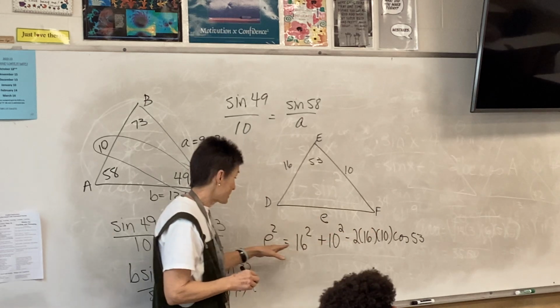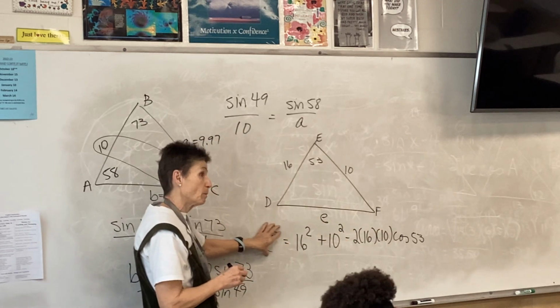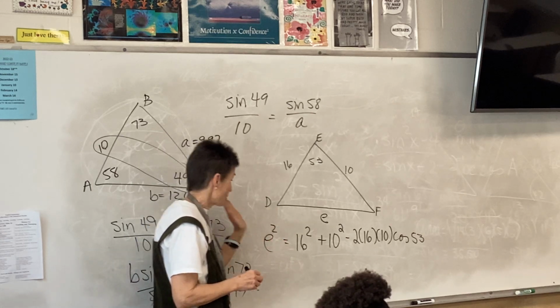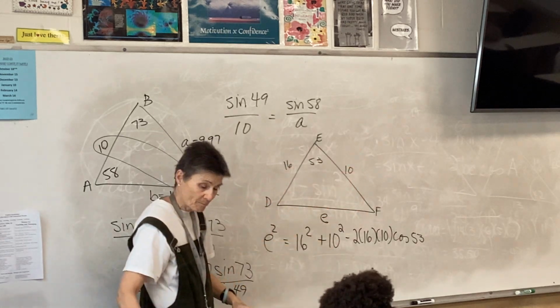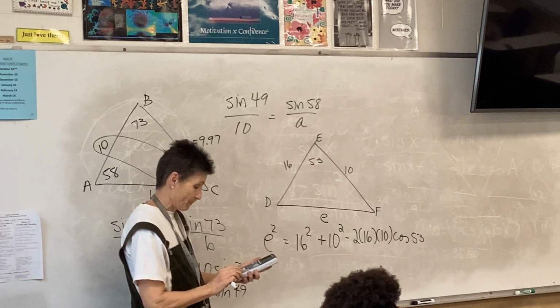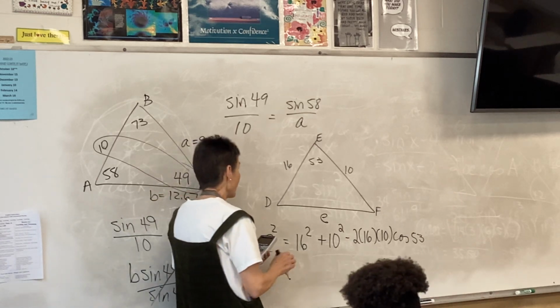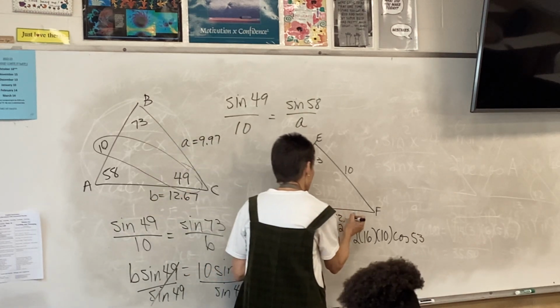Yeah, you can just type that in because the variable's over here. Your job is to get the variable by itself. It's already by itself, so just type it in. What is the only extra that you do need to remember? Square root it. I got 12.78 for E. Yep.